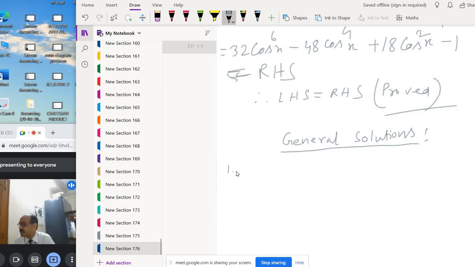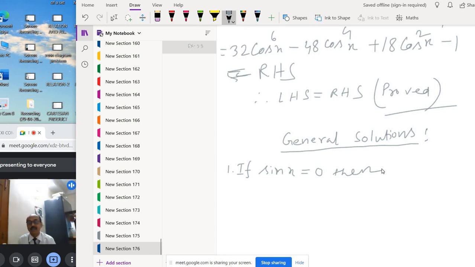if sin x equal to 0, then what is x equal to? Here the angle is x.